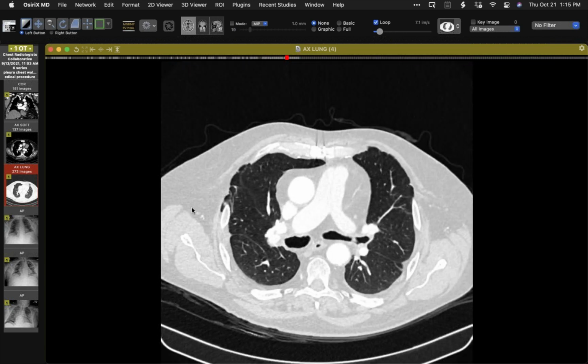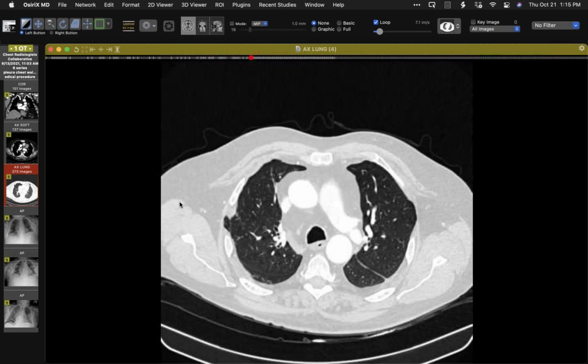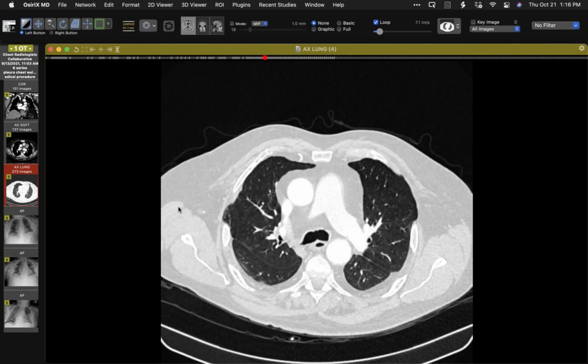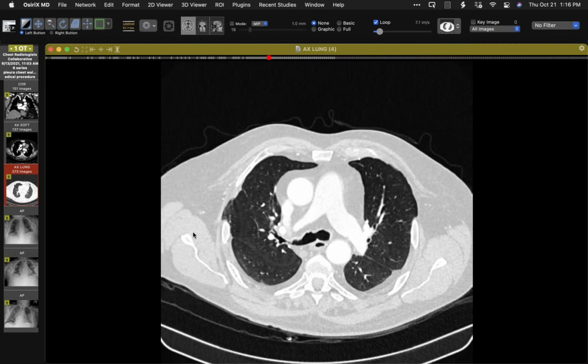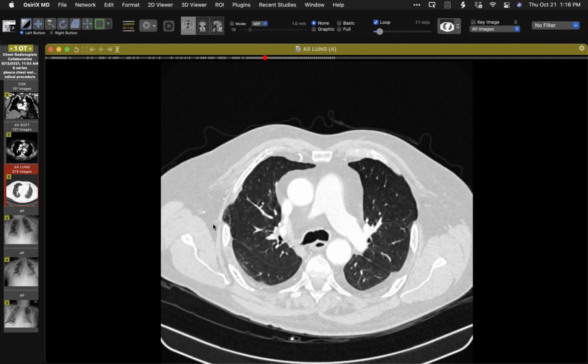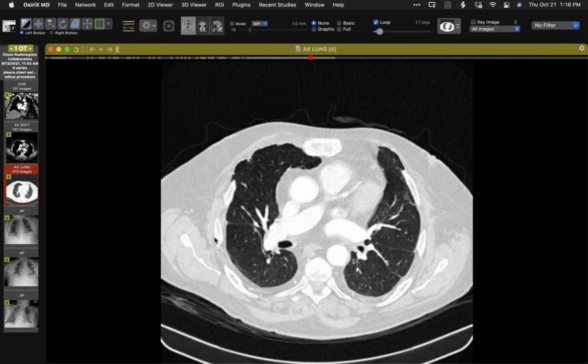So there's just a little bit of a transcostal herniation in those two locations, again, post-surgical. And I don't know if the surgeons here use a particular technique, but I've seen this a few times where, in terms of the lateral incision, there's a little bit of thinning of the muscle. And that allows the lung to herniate a little bit into the chest wall, as you can see there in that location.